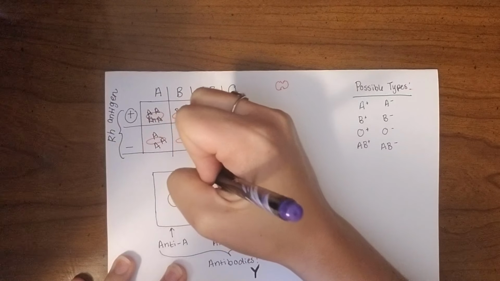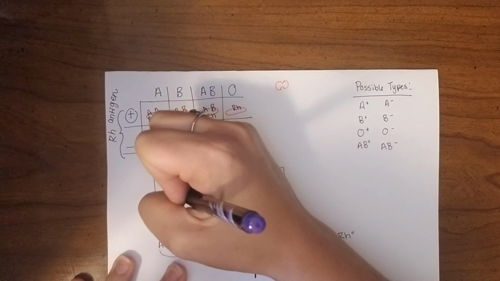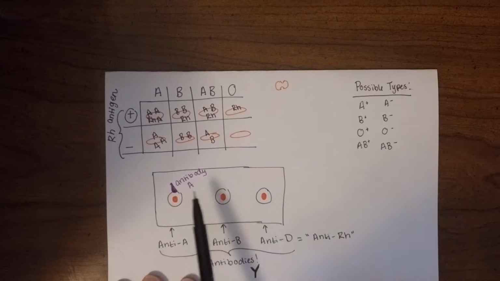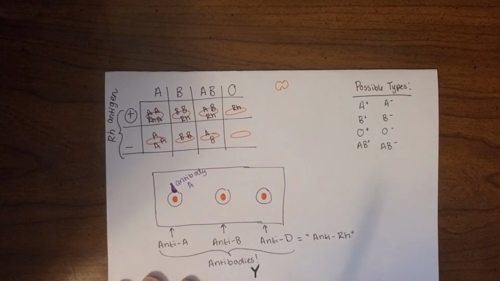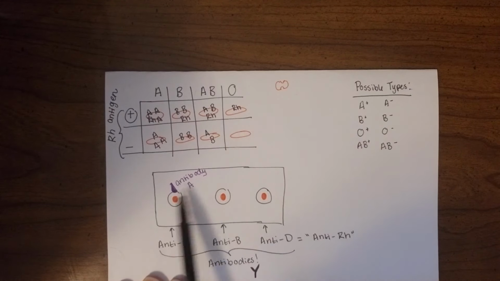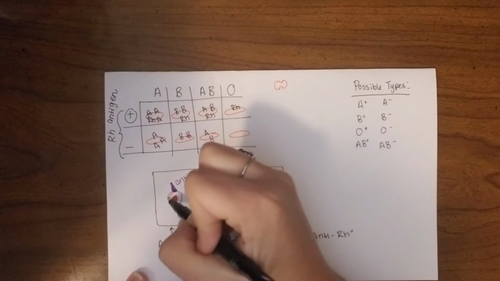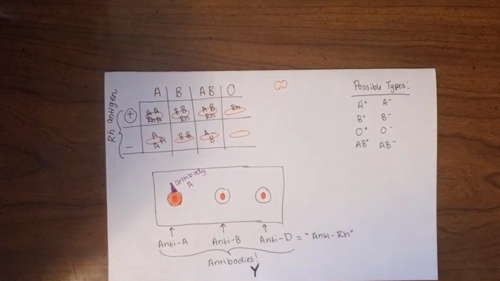Okay. Now, if you remember from our definition of what an antibody is versus what an antigen is, recall that an antibody binds an antigen. But remember, it will only bind its specific antigen, okay? So when you put antibody A onto this blood, what happens, you mix it and you just see a really nice and smooth reaction, okay?